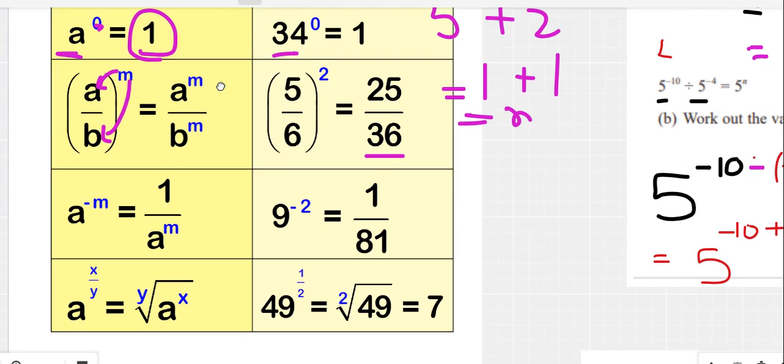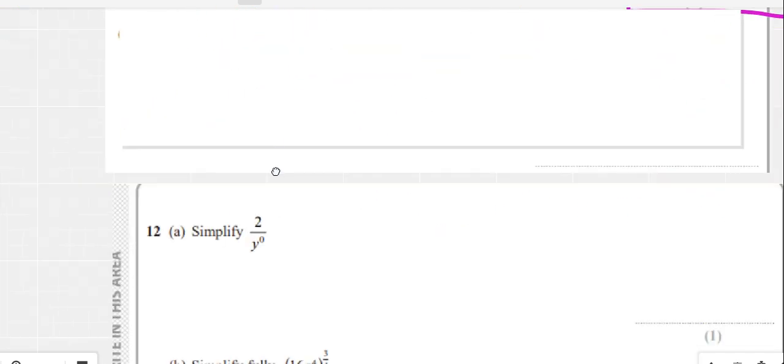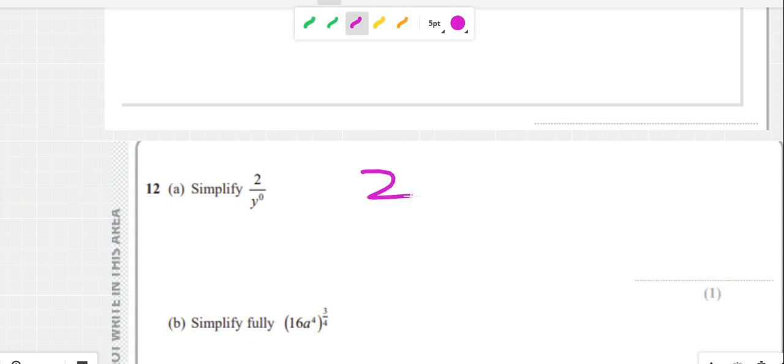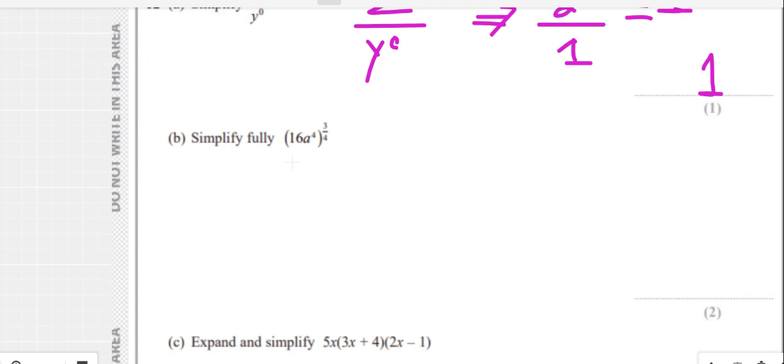So we write 2 over y power 0, and in the next step, on the right side, any number with power 0 is 1. And anything you divide by 1 is always the same thing. 2 divided by 1 is 2. So our answer is 2. This is done. Simplify fully.